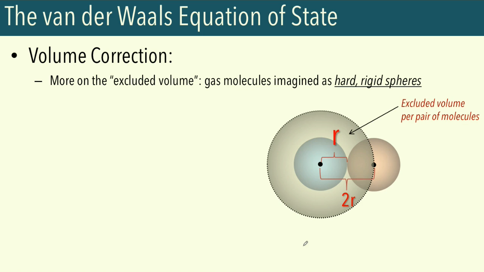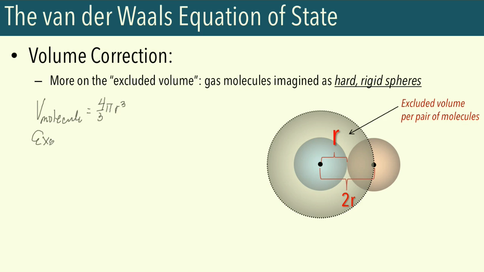Let's calculate the volume of a molecule. This is going to be equal to 4/3 pi r cubed. Now let's look at the excluded volume per pair of molecules, or for two molecules.